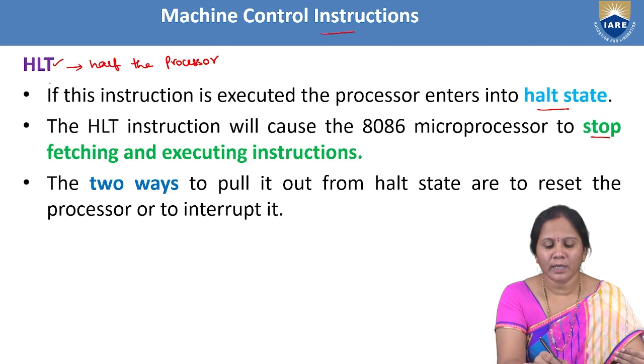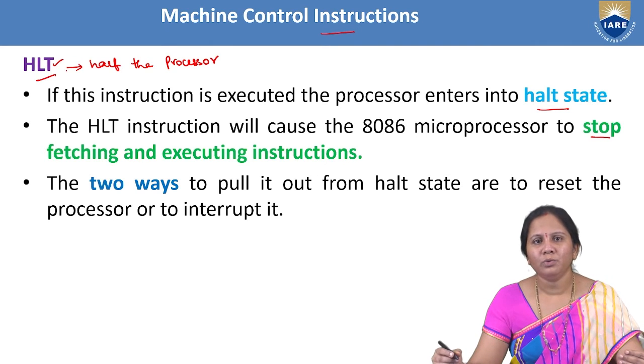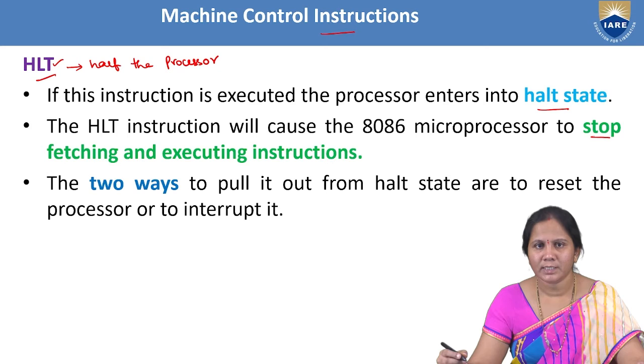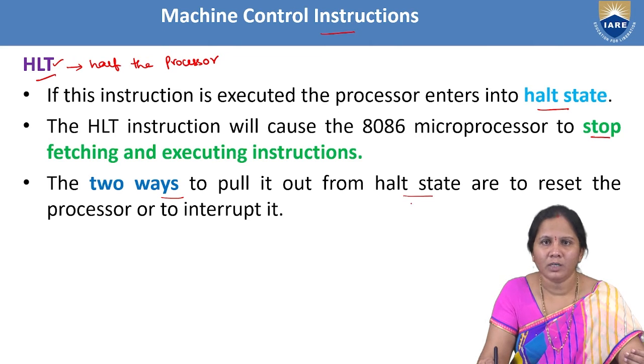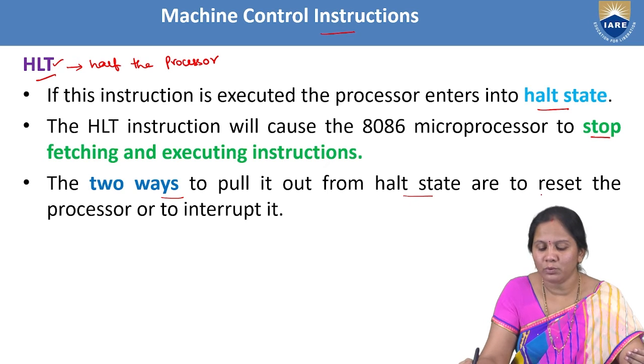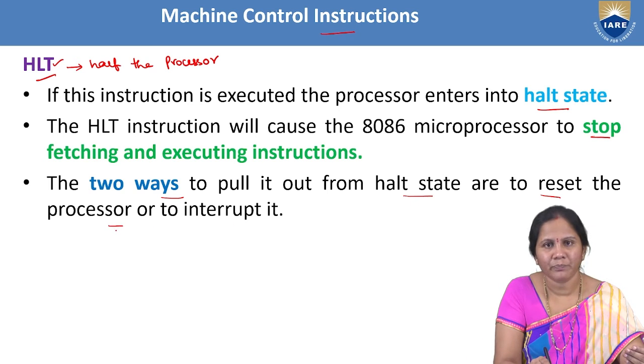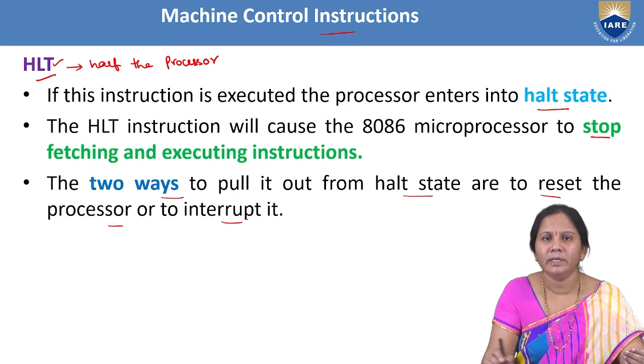Here, in order to come out of this halt state, we have two ways to pull the processor out of the halt state. One way is we have to reset the processor, or we have to interrupt it.